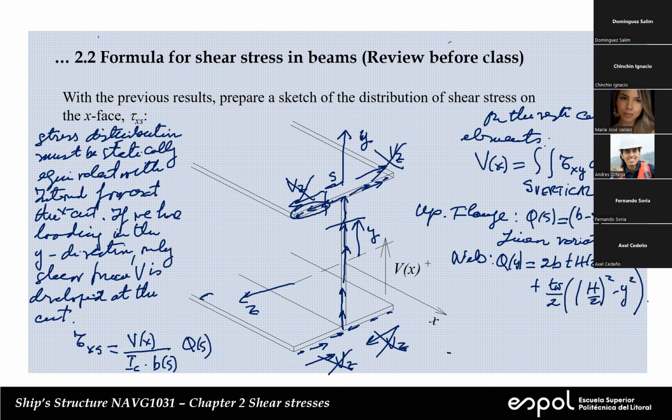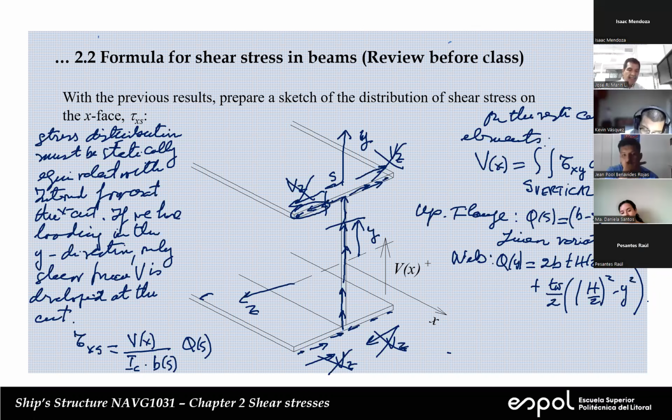That's something that we insist on, right? In the shear stress distribution, the largest value will appear on the neutral axis, which is the opposite of the normal stress. The normal stress has its largest value on the top and on the bottom. And in this case, the shear stresses are going to be very small at the top and bottom.